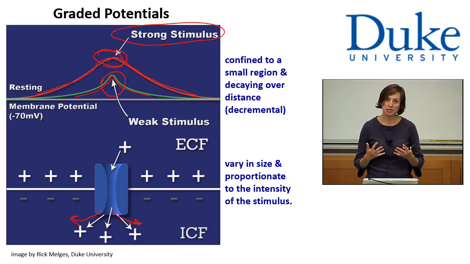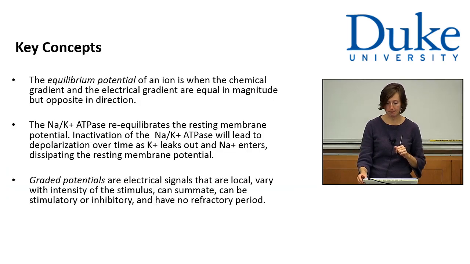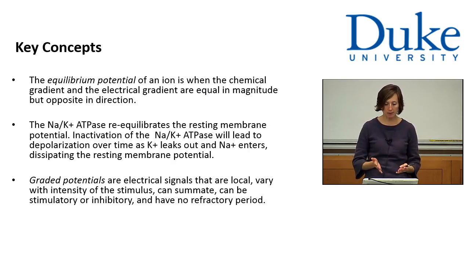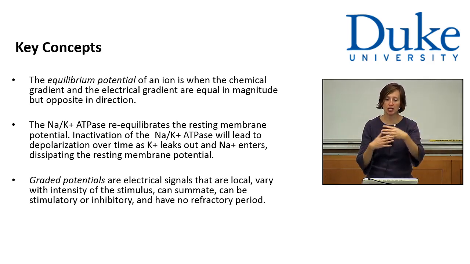In our next session, we'll be talking about a different type of change in the membrane potential, which you're probably familiar with, action potentials. So to sum up this session, we've talked about the equilibrium potential of a certain ion, which is when the chemical gradient and the electrical gradient are opposing each other.